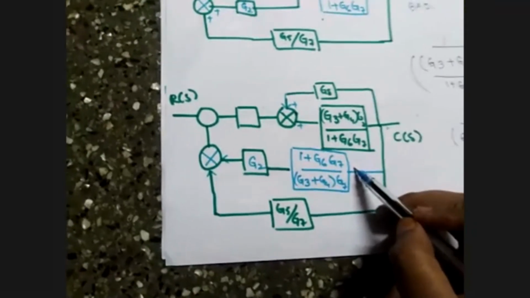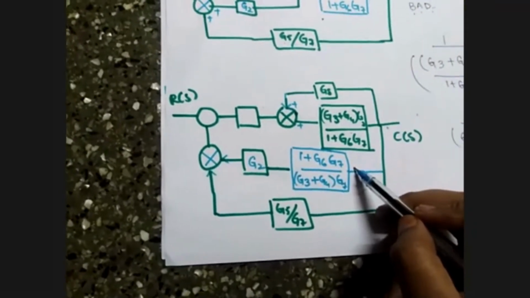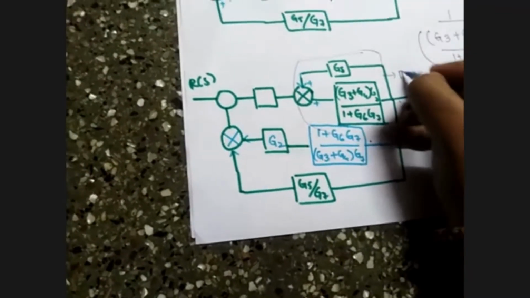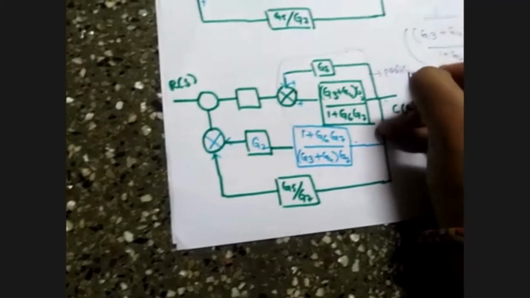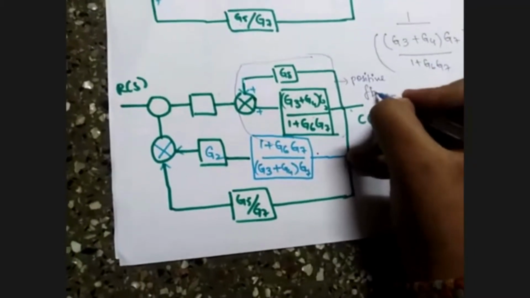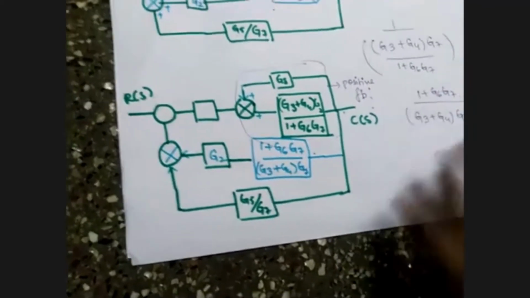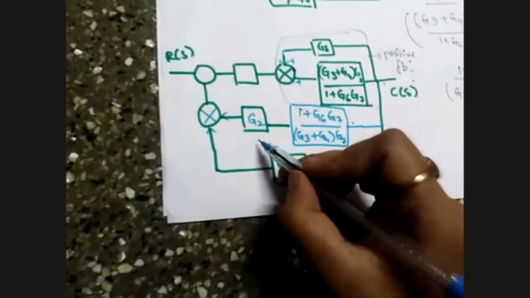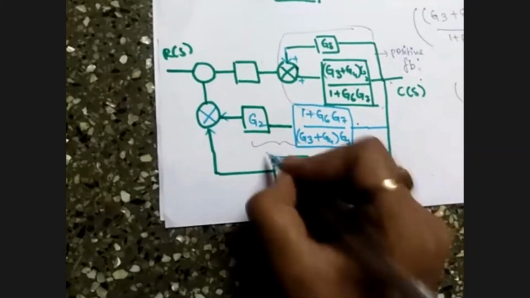Now if you observe properly, again this is a positive feedback. Positive FB. FB is not Facebook, it is feedback. Positive feedback. And here, these both are in series.